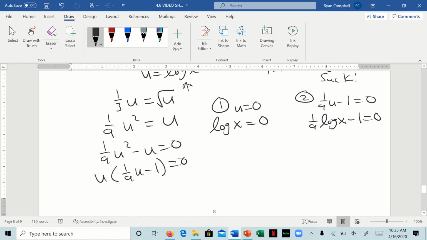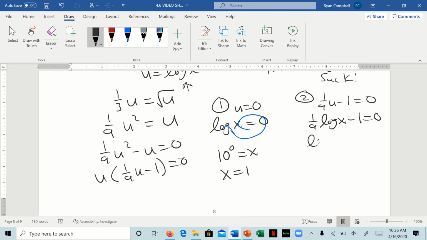So in the first case, how do we figure out what x is? Well, we can snail it up, right? Turn it into the exponential form. So this time it's base what? Base 10 of 0 equals x, which means x is 1. And then for here, we can just simplify. So we see that if we multiply everything by 9, right?